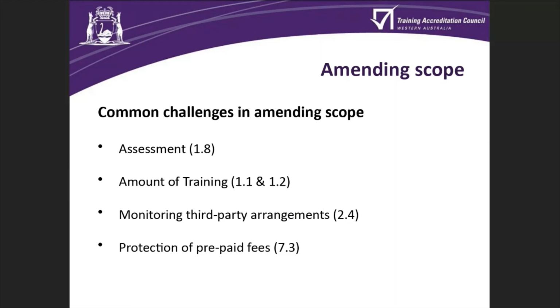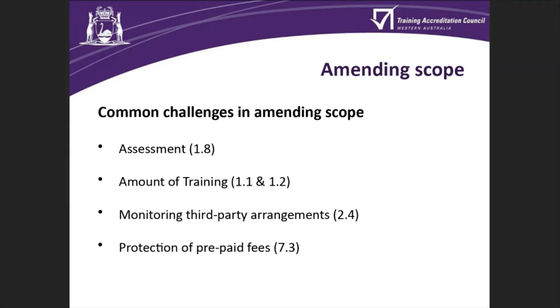Amount of training, and the determination of the amount of training and the reporting of the amount of training, non-compliances are experienced around about 25% of the time. I'm not saying 25% of the applications, I mean 25% of applications with non-compliances have non-compliances in the area of amount of training.